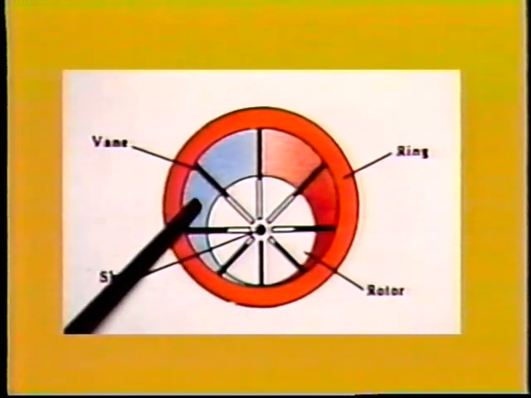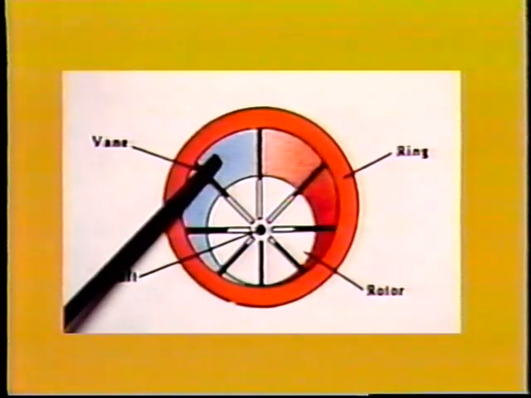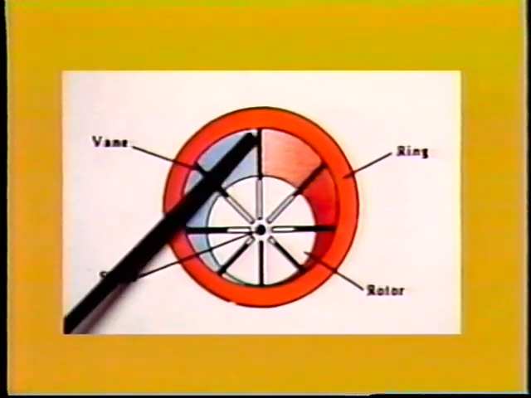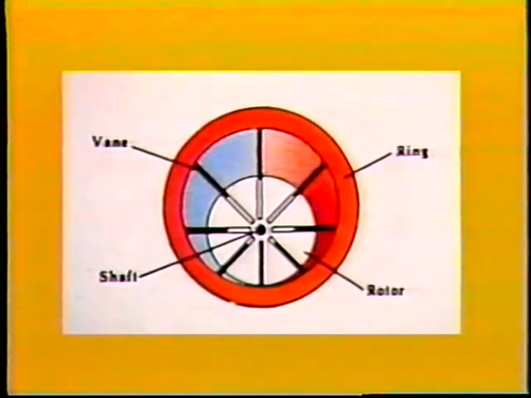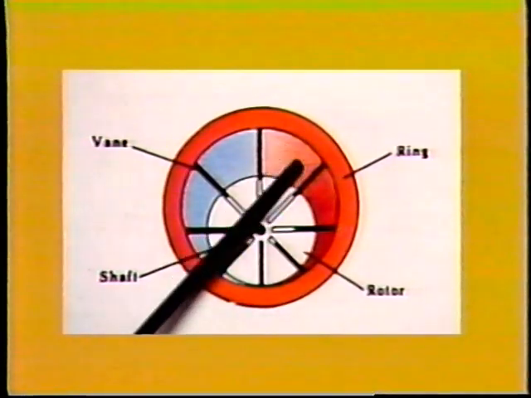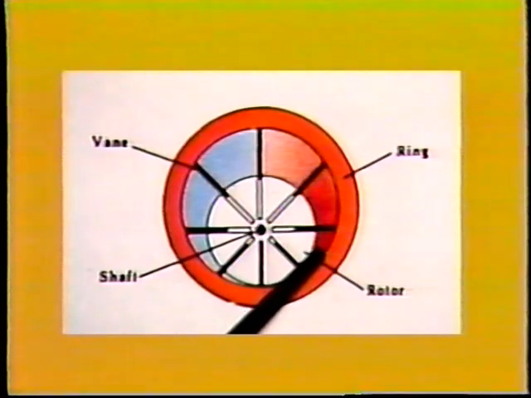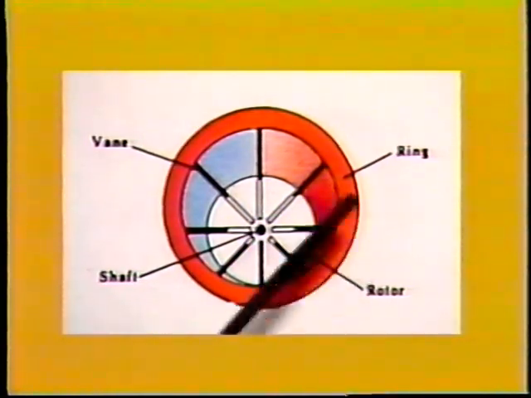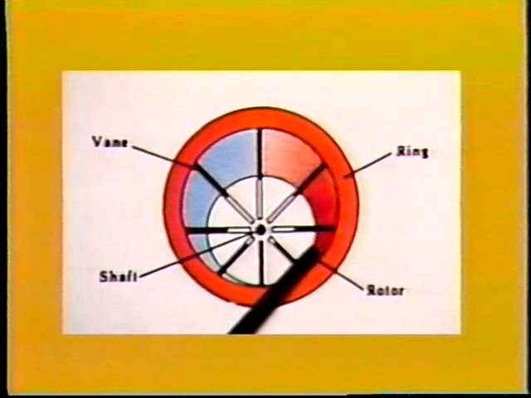This reduces pressure here, and atmospheric pressure fills the chamber with air. Here on the outlet side, the volume between vanes is decreasing, causing the pressure of the air trapped between the vanes to increase. The compressed air is discharged through the outlet port into an air receiver tank.